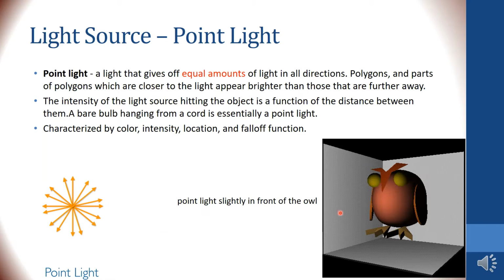Here is an example of the 3D owl object, with a point light placed slightly in front of it. You will see the effect of having a point light, which gives an equal amount of light in all directions.